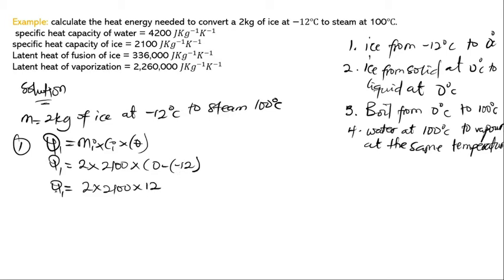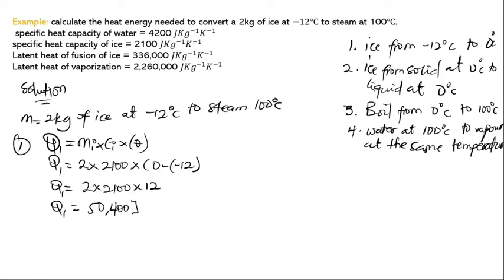It means the heat energy needed to convert the ice from negative 12 degrees Celsius to 0 degrees Celsius is the product of 2 multiplied by 2100 by 12, and that will give us a total heat energy of 50,400 joules. So this is for the first aspect of the calculation.